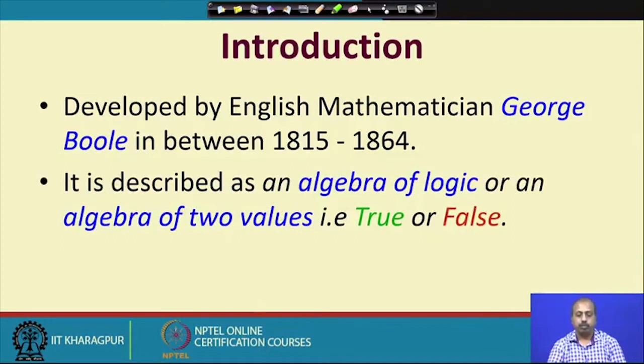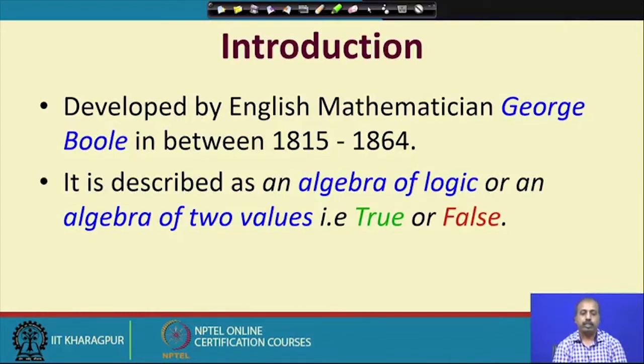When we talk about any algebra, there are certain things we have to talk about: what values the variables in this algebra can take, and what operations we can do on those variables.